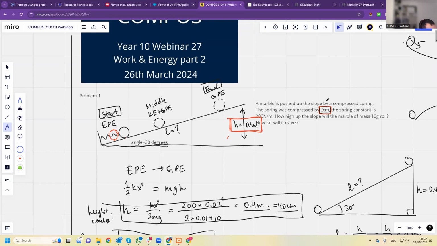If you were considering how far a gun can shoot, you don't usually consider the length of the barrel, right? If the gun shoots at 3 kilometers, is it 3 kilometers plus 1 meter or minus 1 meter? Doesn't really matter, right? So unless there are special circumstances, you can ignore the change in length of the spring at the beginning. I hope that makes sense.